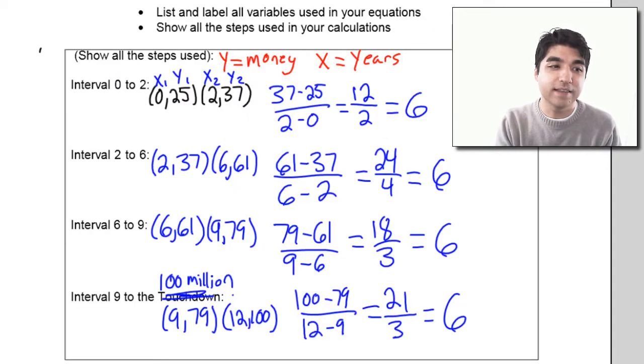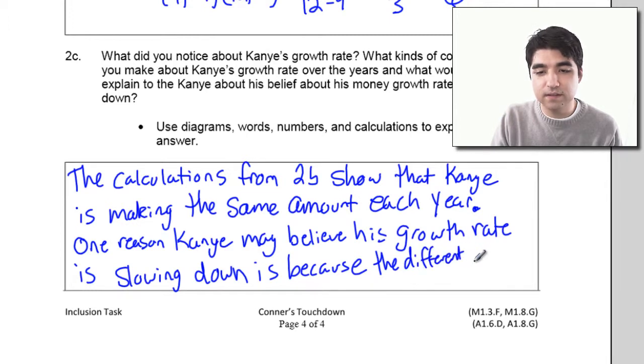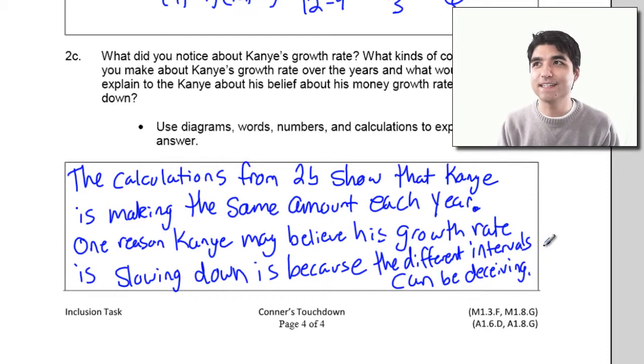So that would be my reason here, because the different intervals can be deceiving. Deceiving means like it's tricking you or it's misleading you.